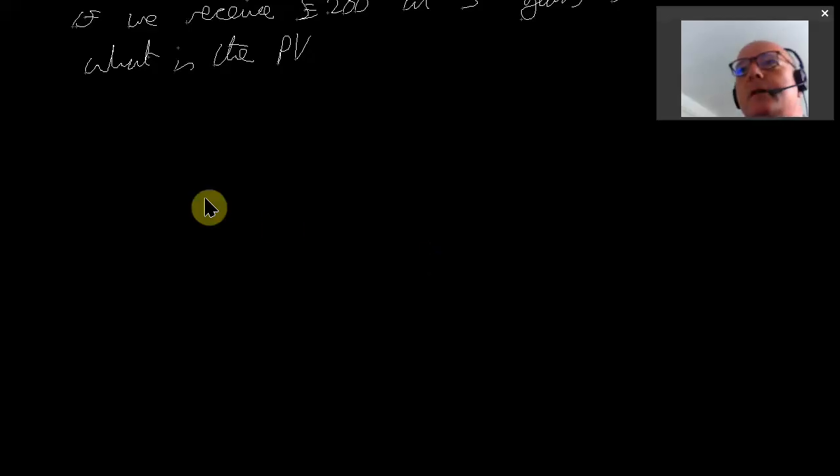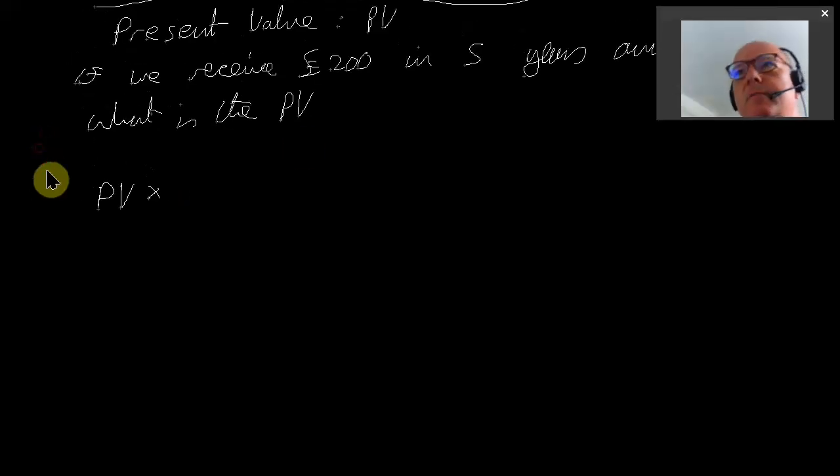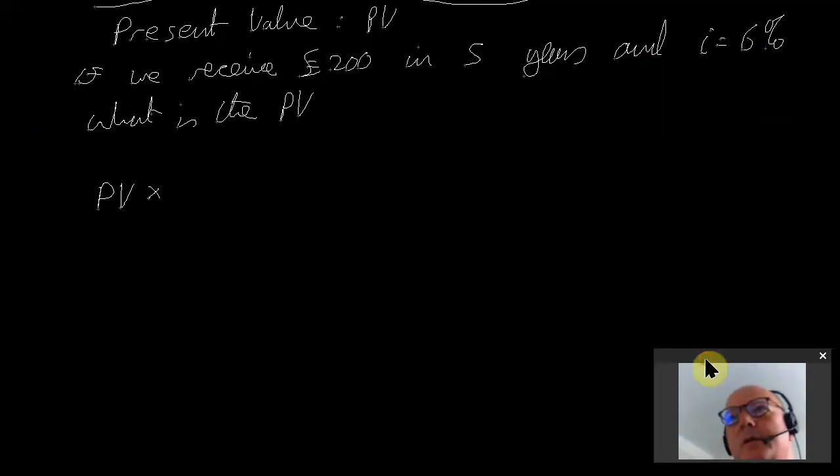And it's just algebra now. We just solve this algebraically. We don't know what the present value is, so let's just call that PV. That's how much money we need to put in the bank now to have £200 in 5 years' time.